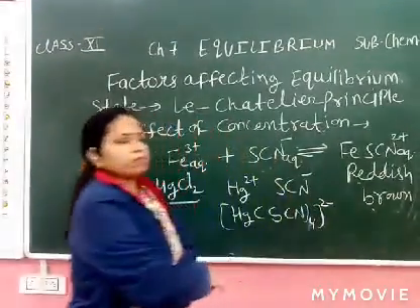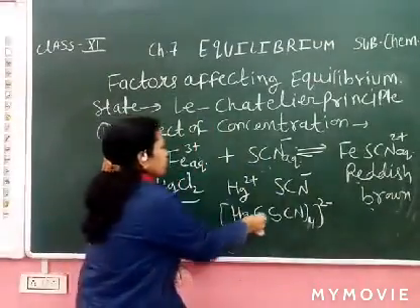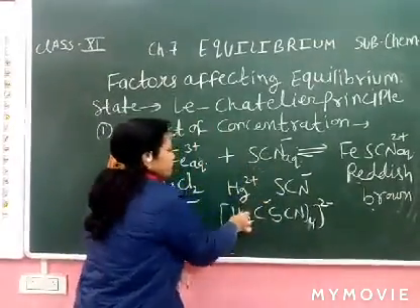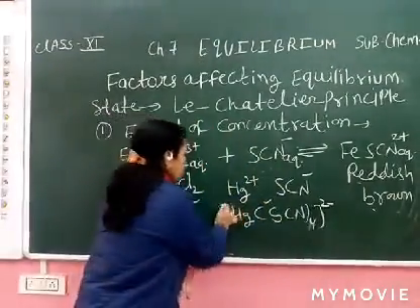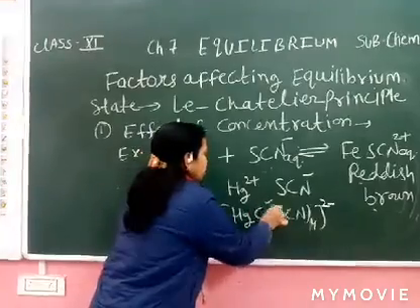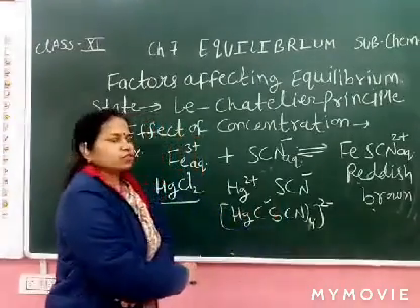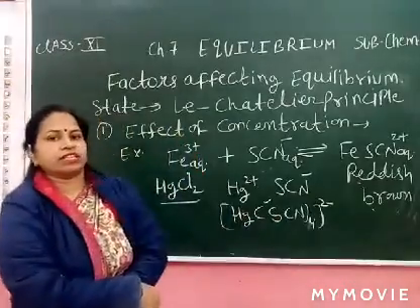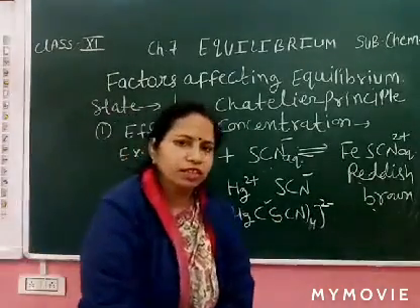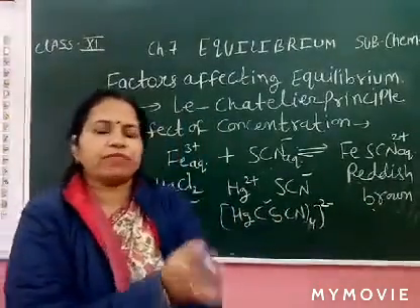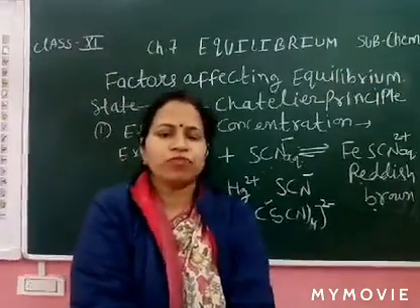So what is the explanation now? SCN is bonded with Hg. This complex can never break, so there is no free thiocyanate ion. So now it's clear when the reaction goes backward and when the reaction goes forward.